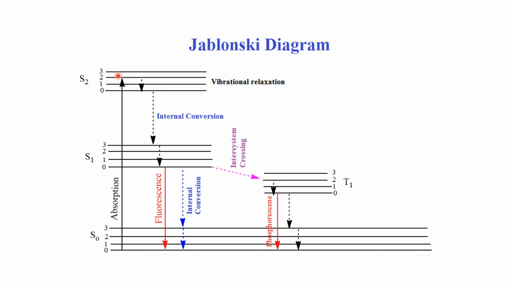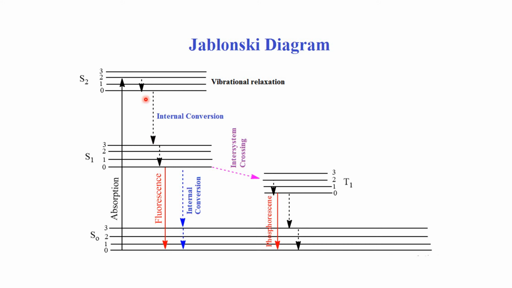Now, when from this higher electronic state, the electron comes to the lower energy electronic state, say from the zero vibrational level of S2, it has come to some higher vibrational level of S1.